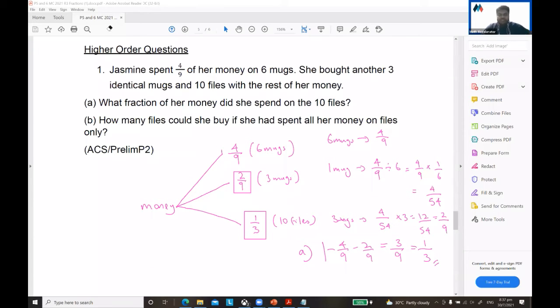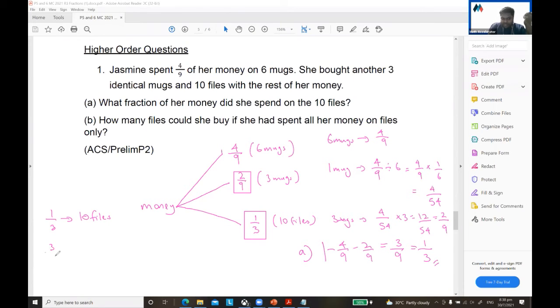Okay, so part B is a different kind of scenario they're trying to give you. Let's say she had all the money and she decided to go and spend it all on files. So how many files can she buy? According to this fraction, if 1/3 of her money can be used to buy 10 files, that means all of the money is 1 whole, right?